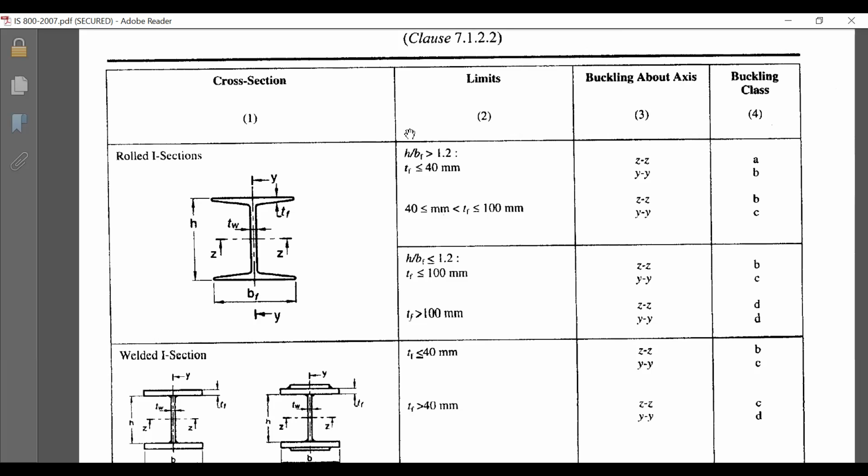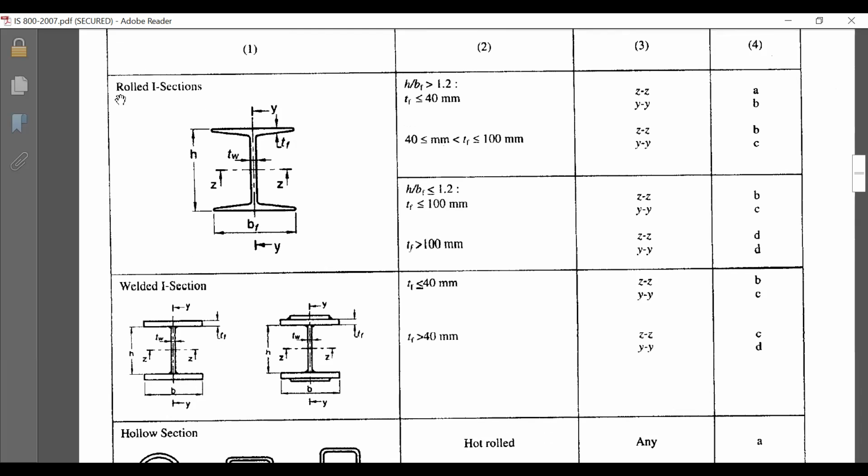Now in I sections, you have two categories: rolled I sections and welded I sections. Since nothing is specified about the type of connection, whether it is bolted or welded, you're going to select rolled I sections. Remember, until welded I section is specified, you are going to select this one.